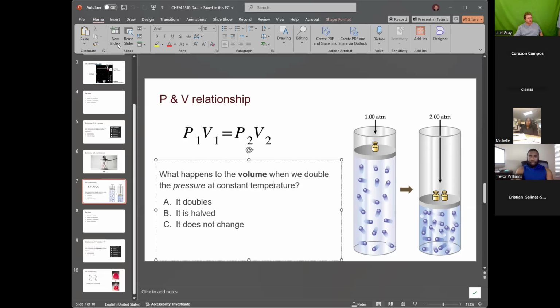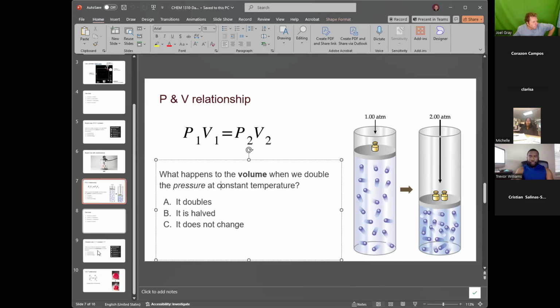One way to process equations is, when you see something like this, P1 V1 equals P2 V2, I think it's useful to say, okay, if pressure and volume are on the same side, being multiplied by one another, that means if one of them goes up, the other one goes down. That's one way to kind of look at this.